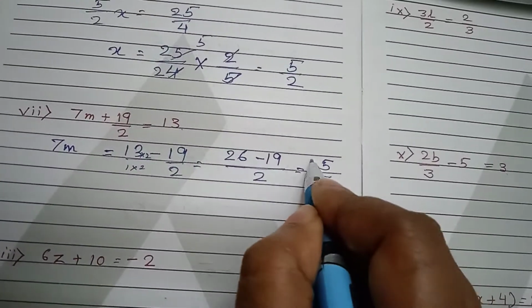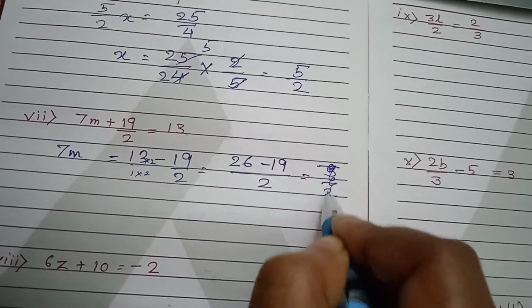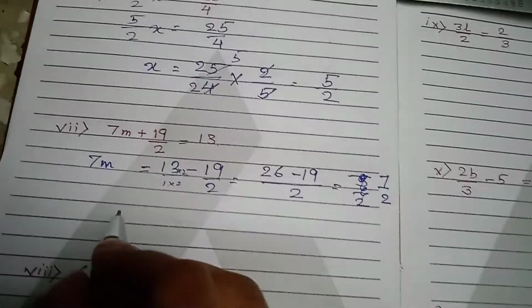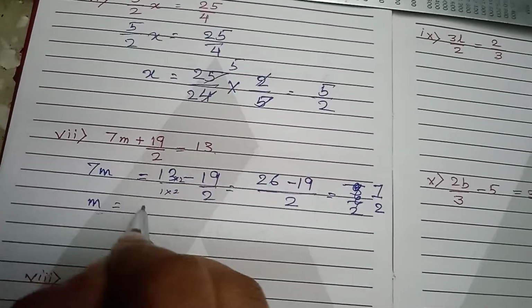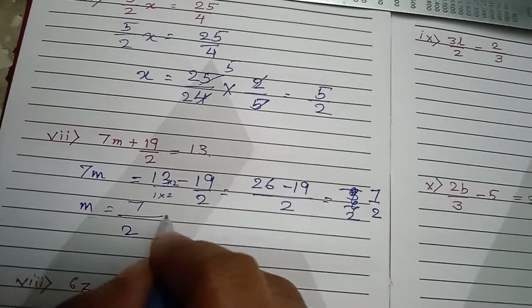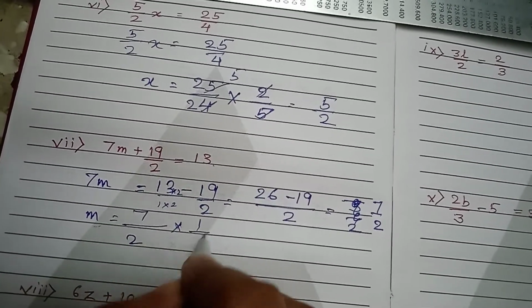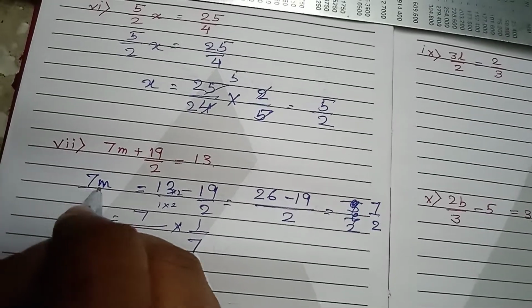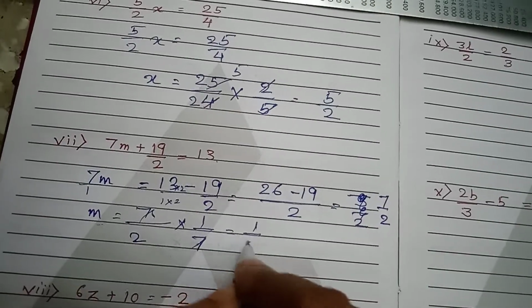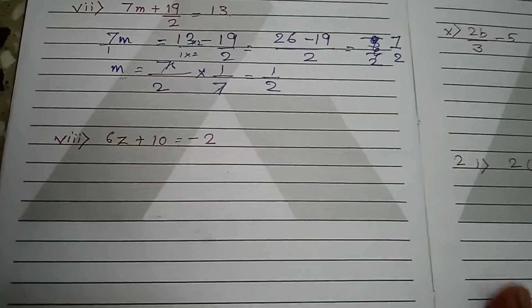Sorry, it will be 7 by 2. So what will be m? m is equal to 7 by 2. Fine. I said numerator will become denominator and denominator will become numerator. So this will become 1 by 2. Okay. Next question.